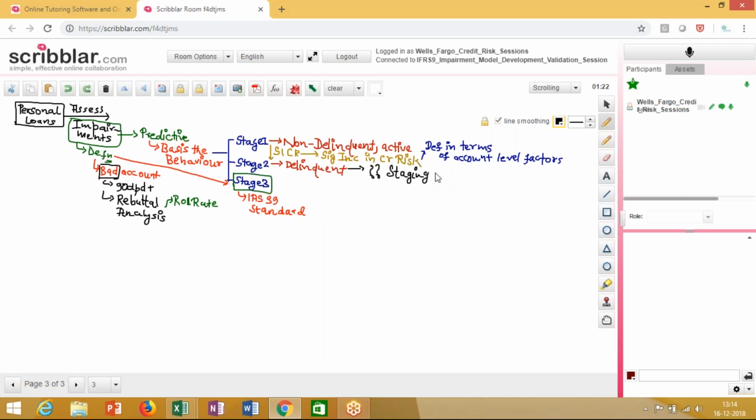What exactly is a staging criteria? So how do you define a significant increase in credit risk? So when would you actually pass an account from stage 1 to stage 2? That's where the concept of staging criteria comes in. Now from stage 2 an account moves to stage 3 when he satisfies the impairment definition.